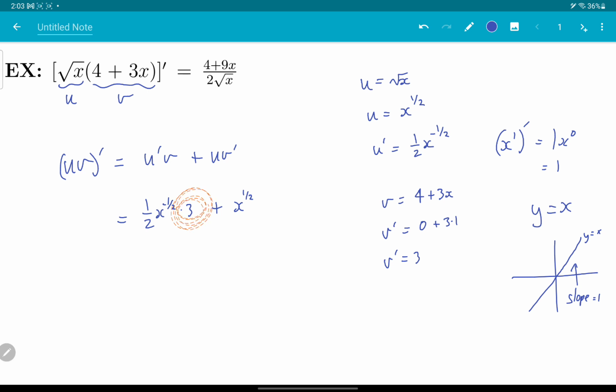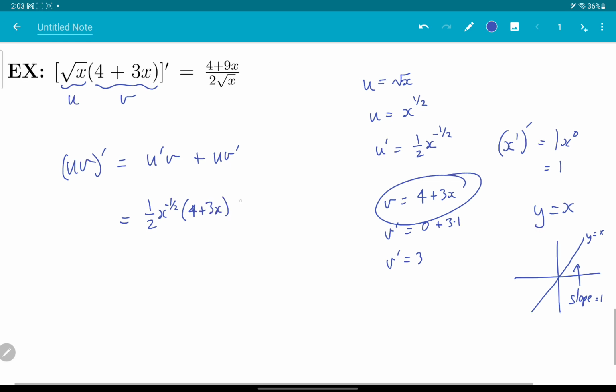I made a mistake right here, didn't I? Let's back it up a little bit. So u prime v is my first term. U prime is indeed this guy. And then v is 4 plus 3x, rather. And then plus u times v prime. U is x to the half, and v prime is 3.